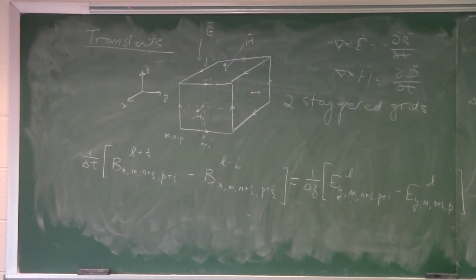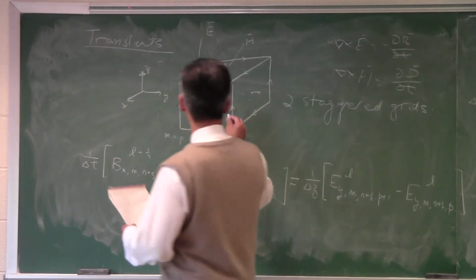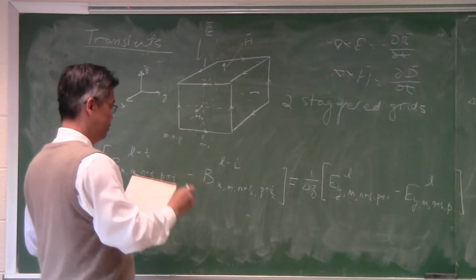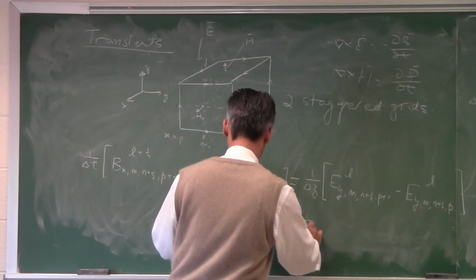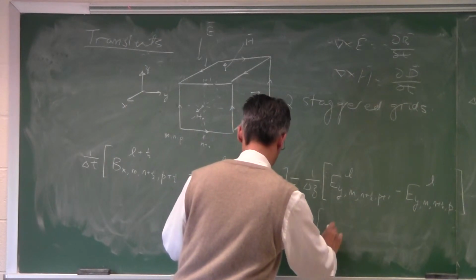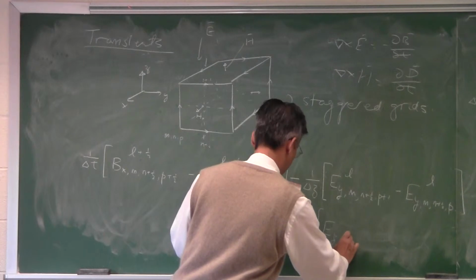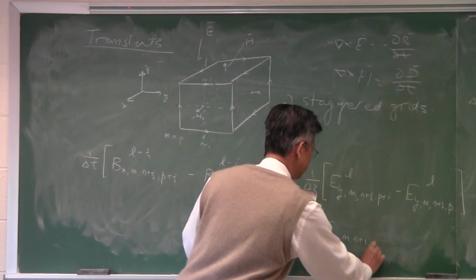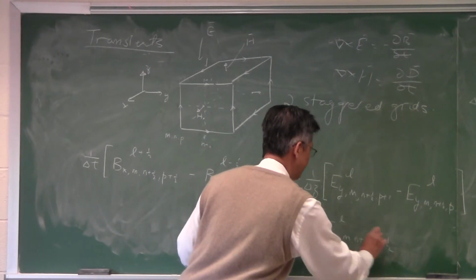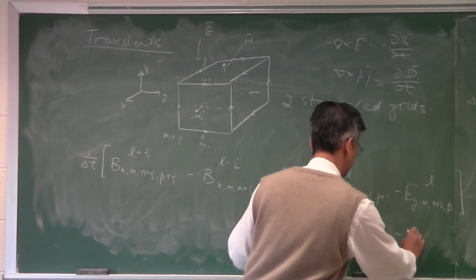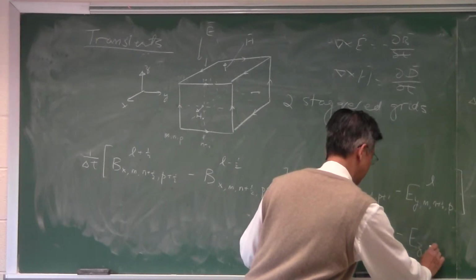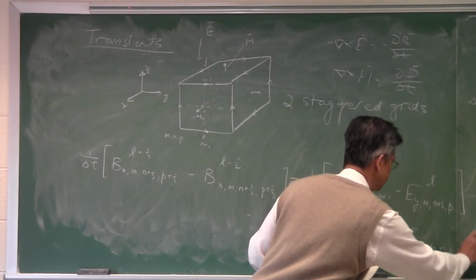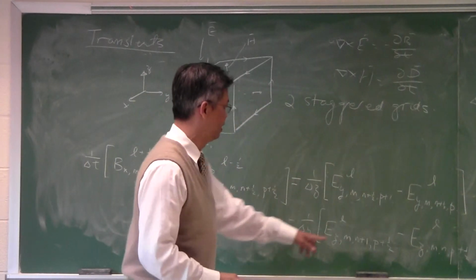And then you can write the second one. The second one will be the difference between these two. And you can write it as 1 over delta y, E_z m n plus 1 p plus half L, minus E_z m n p plus half L. Okay, this is m plus 1.